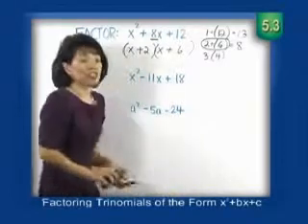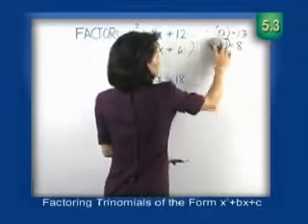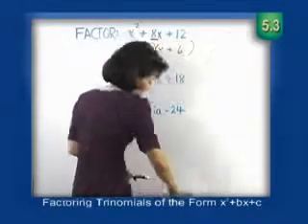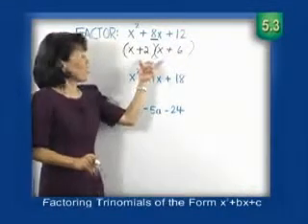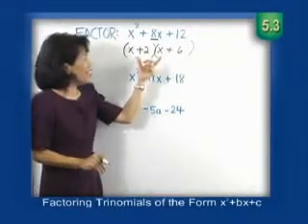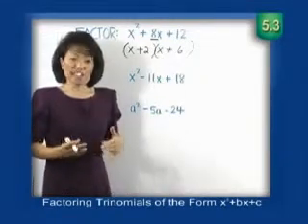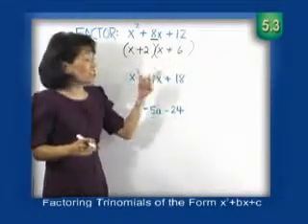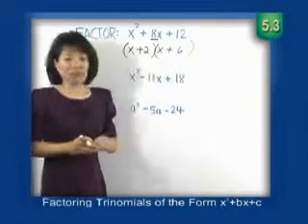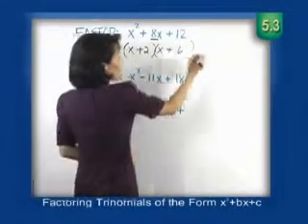Now to check to make sure that you did this work correctly, all we have to do here is use the FOIL method. So you can check and you can be assured that your factoring is correct by taking 1 extra minute to check to make sure that this product equals the original trinomial. So let's try that.